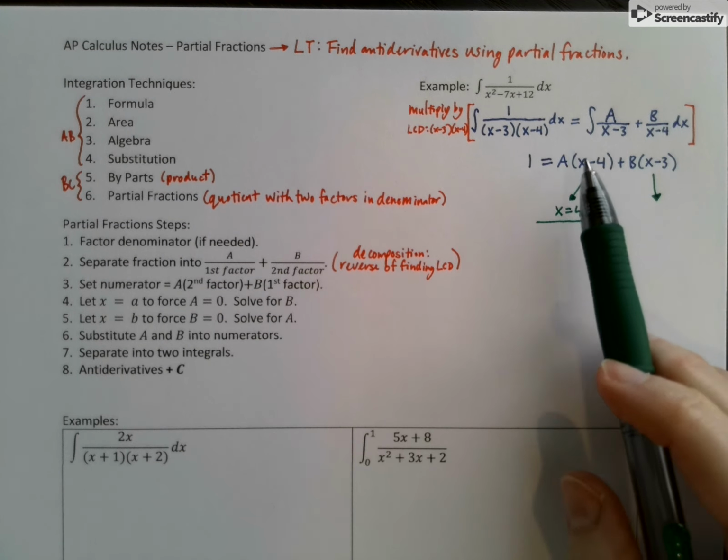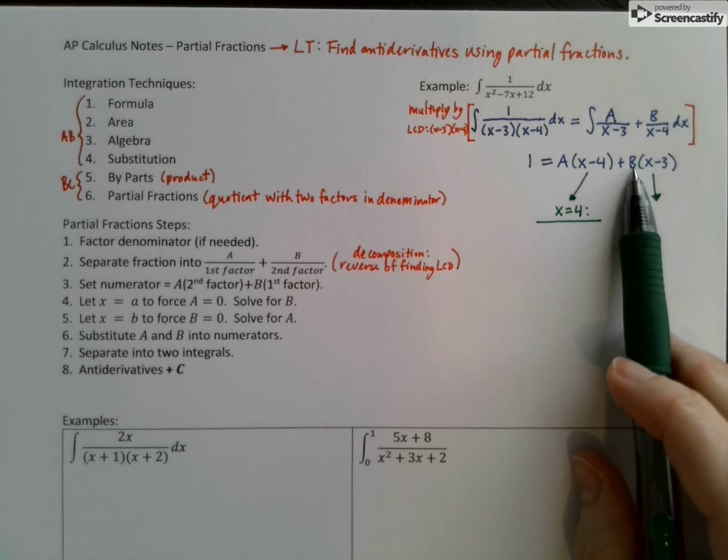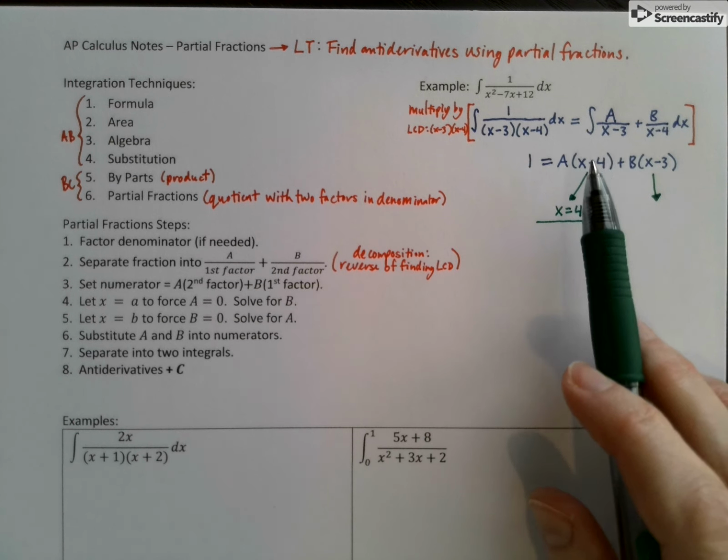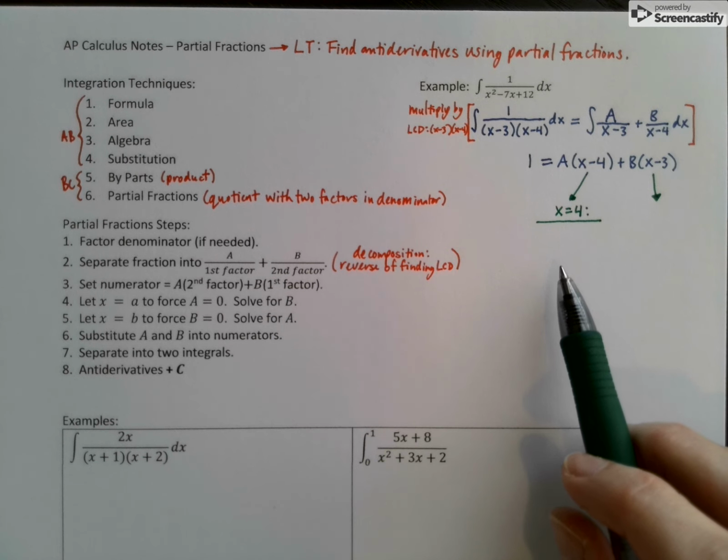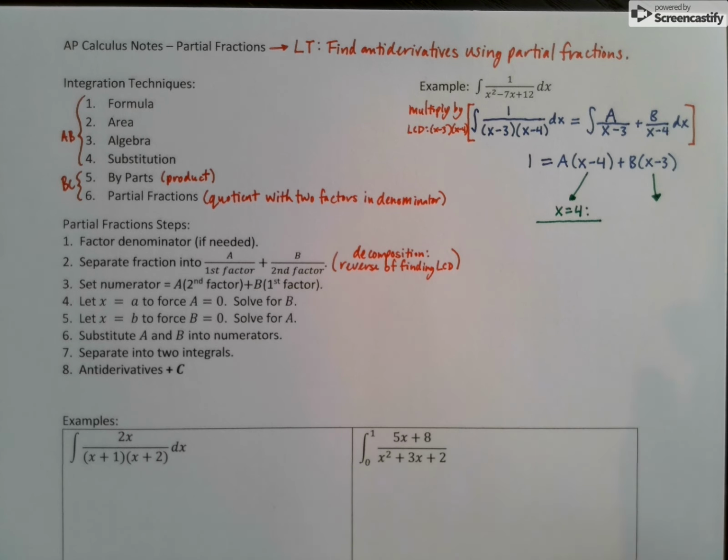As you know, it's impossible to solve an equation that has two unknowns, so we're going to use a little clever trick that's going to allow us to cancel out one of the unknowns so that we can look for the other unknown. Let me tell you what I mean.